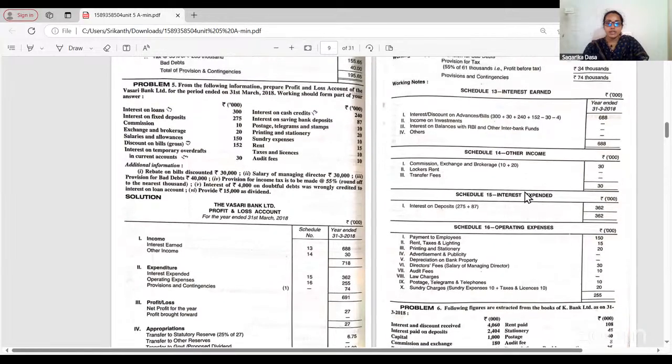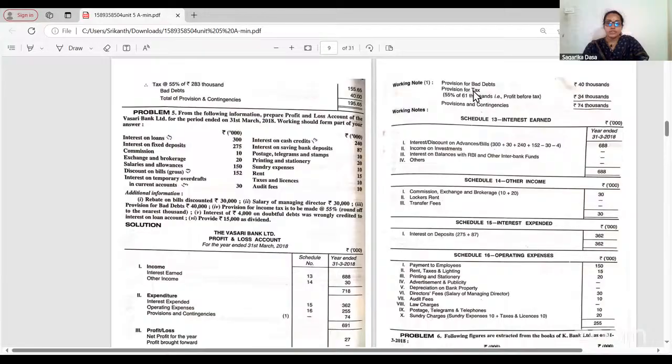I'm repeating again. How we are going to calculate provision for taxation is: schedule 13 total 688 plus schedule 14 total 30 minus schedule 15 362 minus schedule 16 255 minus bad debts 40.